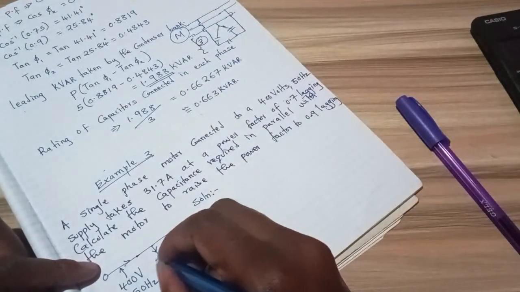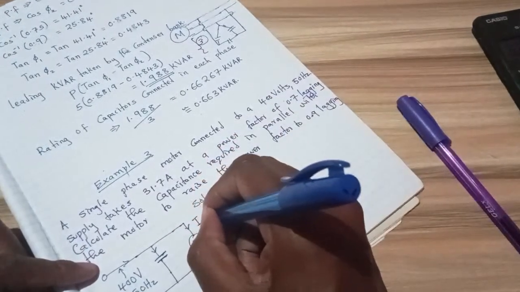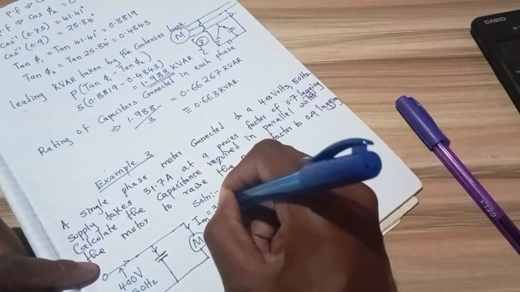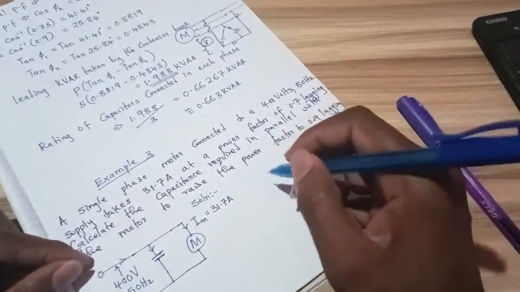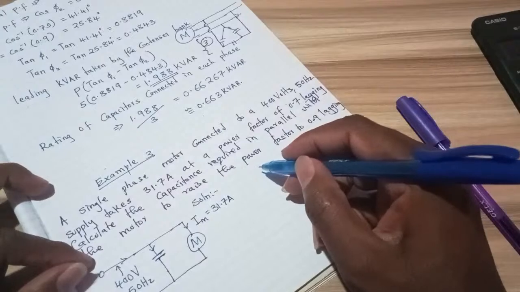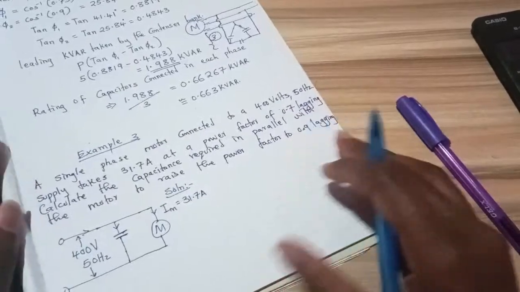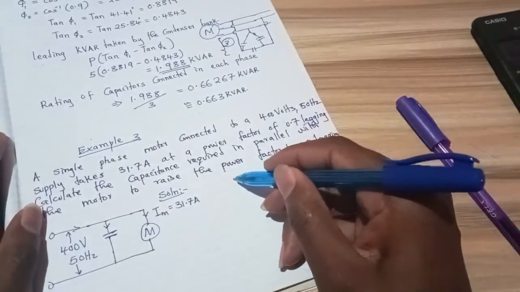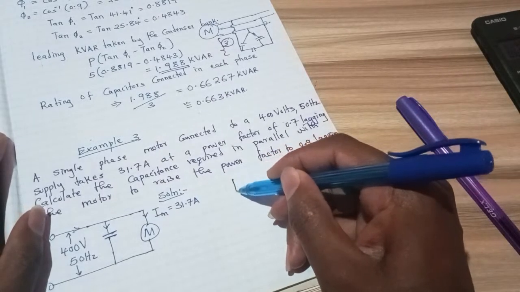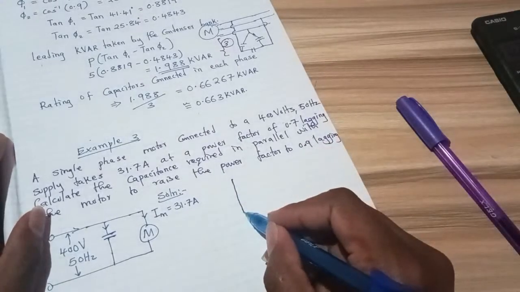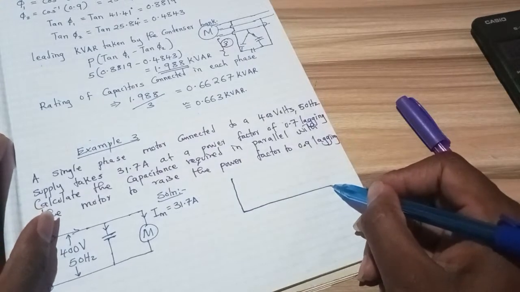The value of this capacitor is what we are looking for, and we have our motor current here, IM, as 3.7 amperes. So therefore, we need to again sketch the phasor diagram, and in this case, our phasor diagram will look like this.